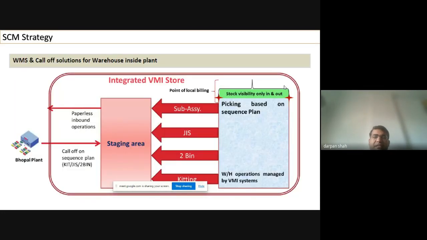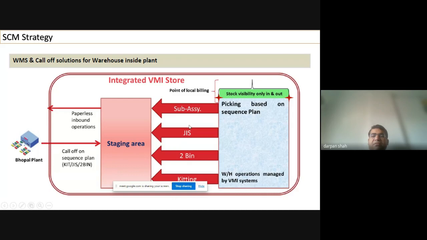Then, as you can see, this is the overall operational flow of how the communication or information goes for that system to work. Call off is basically a signal, indication or report generated from the main plant, which goes to the warehouse.